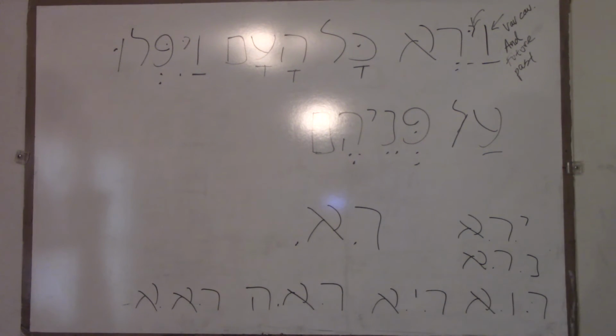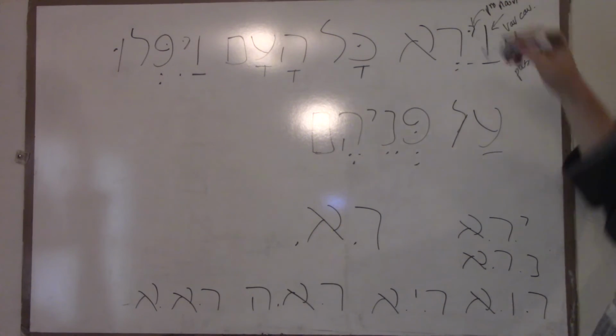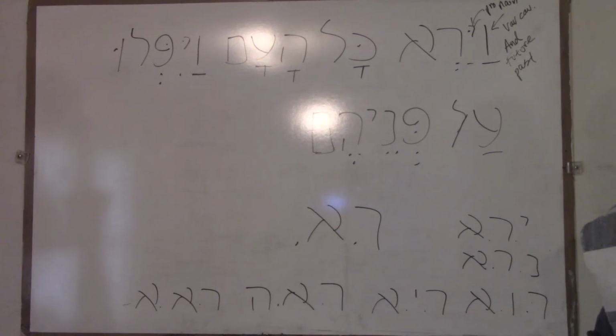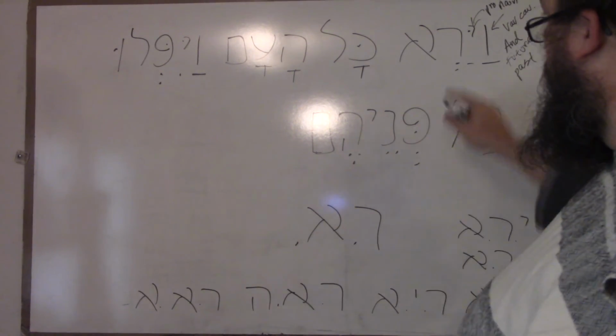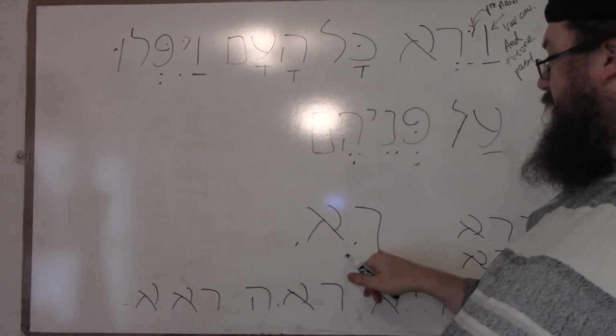Alright, makes the future become past. And here we know that this is the pronoun, so now that I know that I got my pronoun, I know that all I have left is the root. Okay, so here, Resh Aleph, that's what I'm talking about, Resh Aleph.